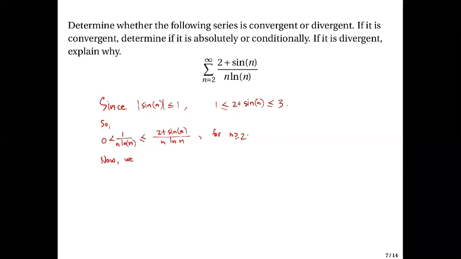So now we show that the series from n equals 2 to plus infinity of 1 over n ln of n is divergent. We use the integral test.